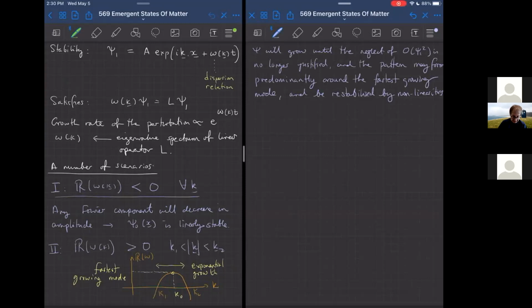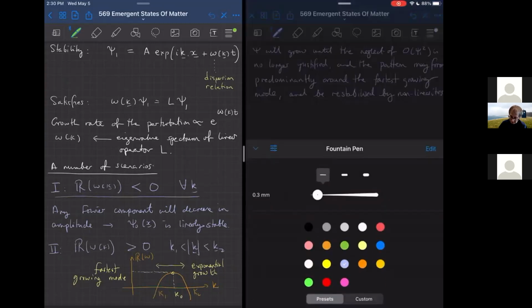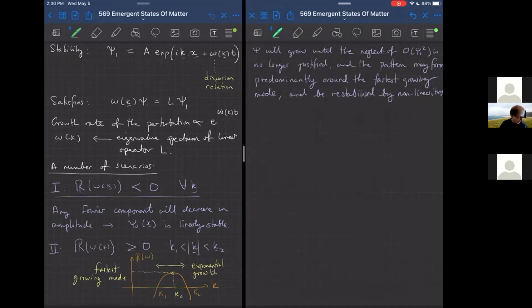Okay, and then there's another case that can happen. Well, there are many other cases that can happen. We may have the situation where the real part of omega of k is not strictly less than 0, but let's say is less than or equal to 0. What happens here is that you have a marginal mode with omega equals 0.